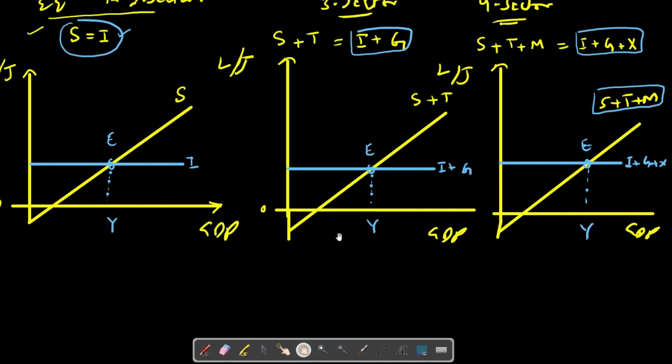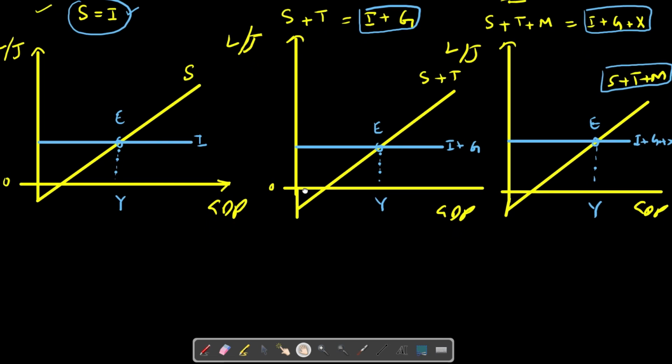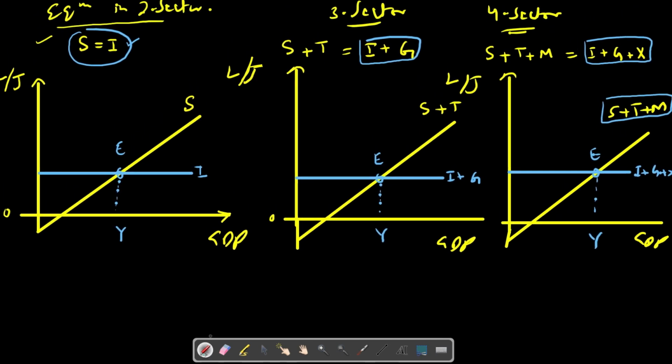One more thing we will discuss is what will happen to national income if there is an increase in injections by the investors, exporters or the government. We will look at that as well. Before that, I would also like to tell you that sometimes the examiner gives the condition of equilibrium like this: in the three sector economy, saving plus tax is equal to investment plus government expenditure.